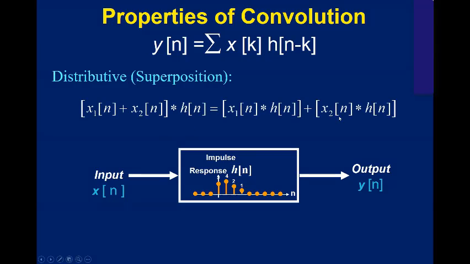So here's how we would mathematically demonstrate that convolution had the distributive property over addition. It would say if I took two functions and added them together and then did my convolution with another function, that I should get the same result as convolving h with one of the functions and adding that to h convolved with the second function.